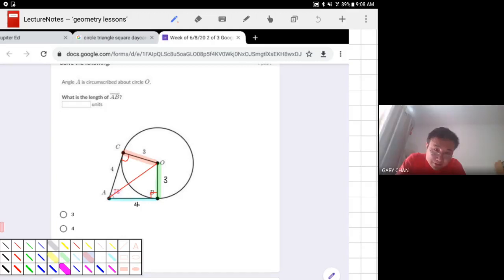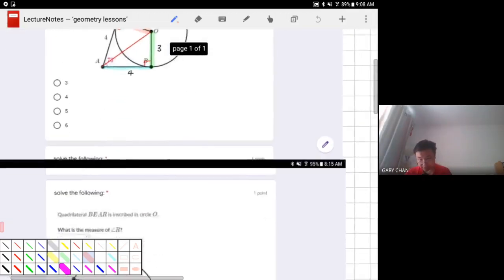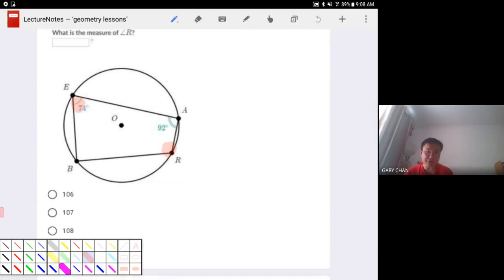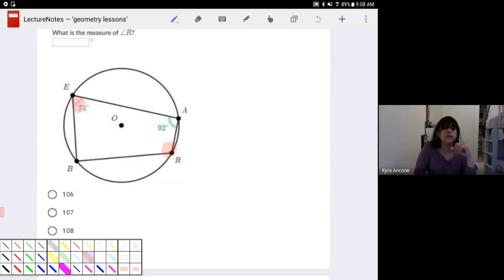Okay, so we're on the second question right now. Let's take a look at it. In this question, Kira just told us the approach to figuring this out. What is the relationship between the 2 angles that are marked in pink?